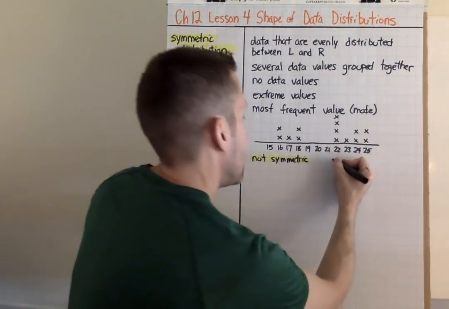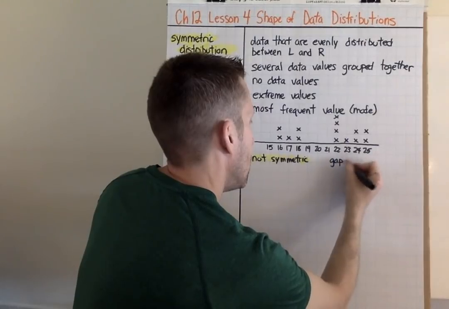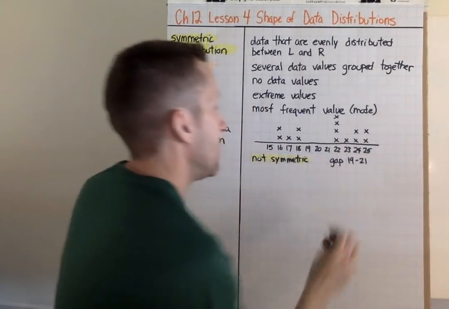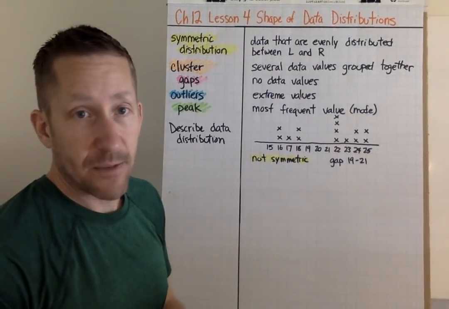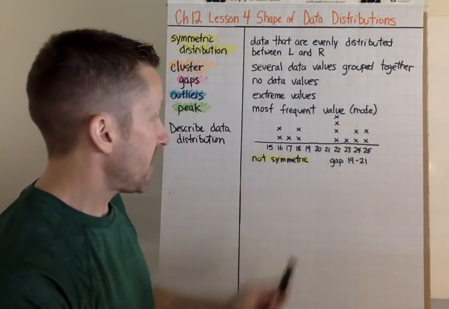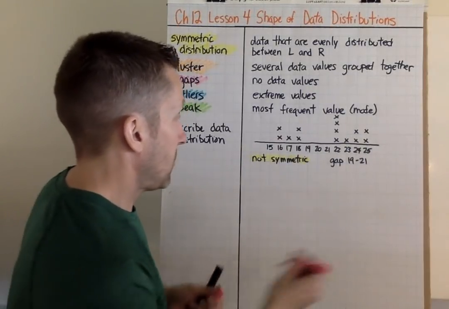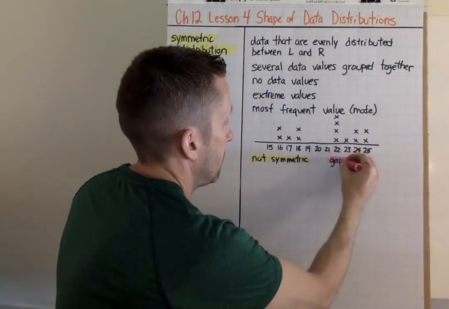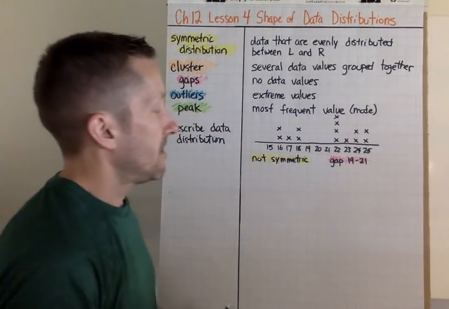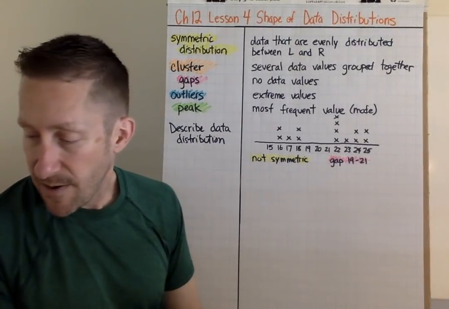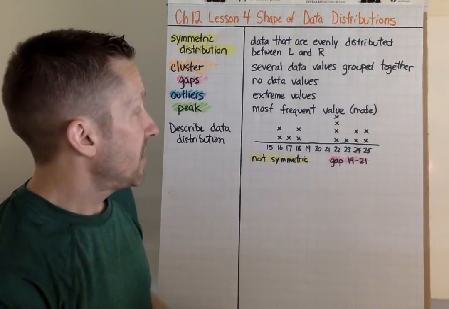So I'm going to say that there's a gap between 19 to 21. Now you could also have multiple gaps, more than one gap in your data. This distribution has one. That's another way we could describe this distribution. There's a gap there.